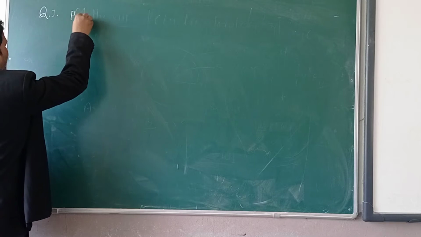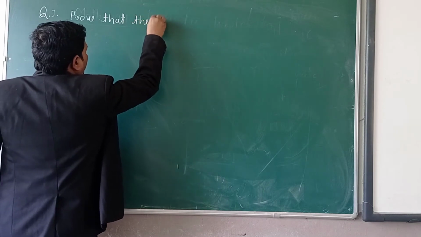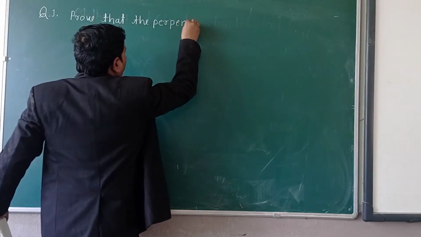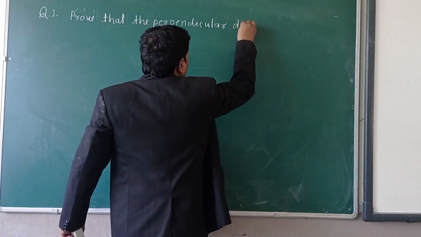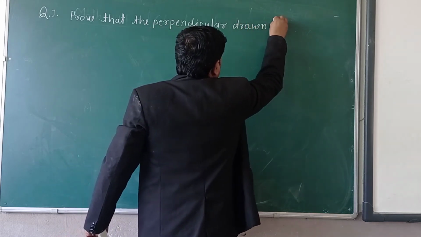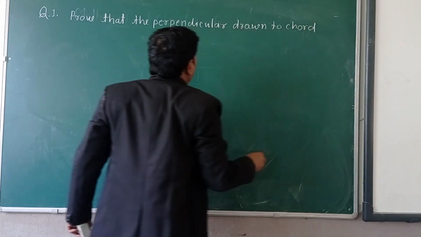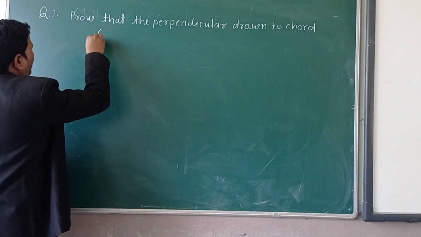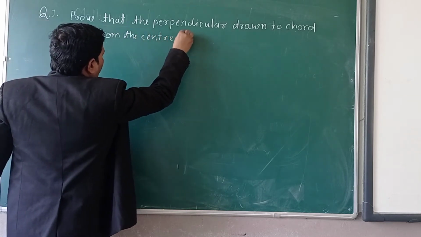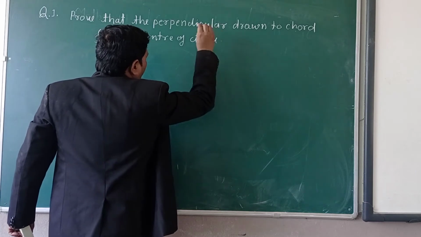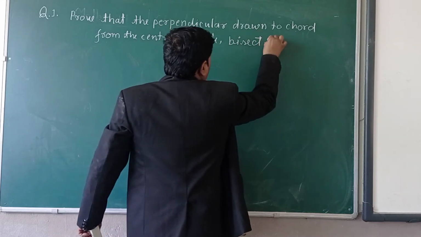Prove that the perpendicular drawn to the chord from the center of the circle bisects the chord.